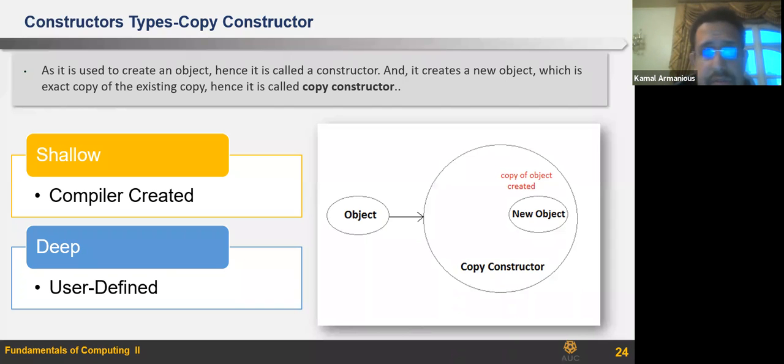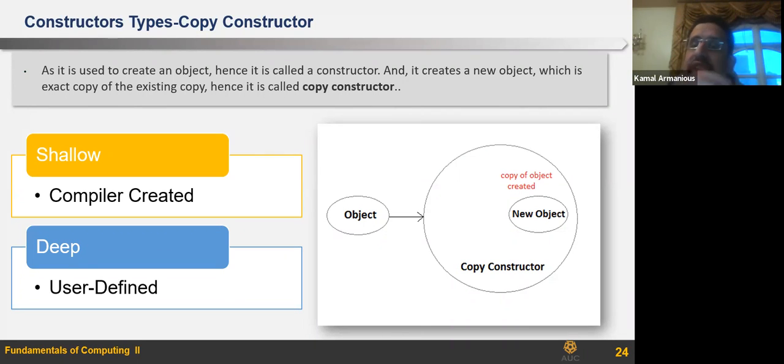It means that I have an object and this object has values for the private members. This object is named Muhammad.